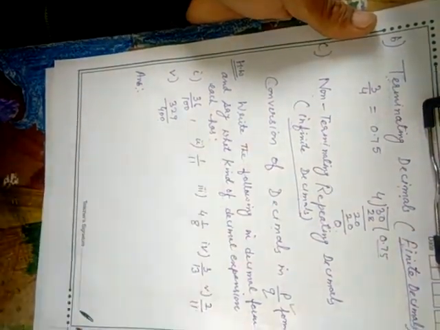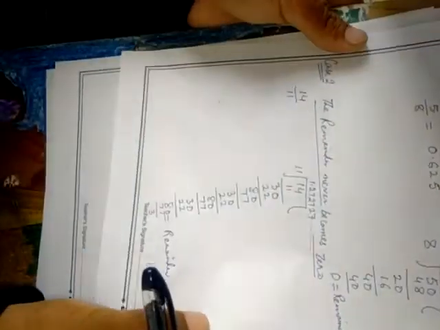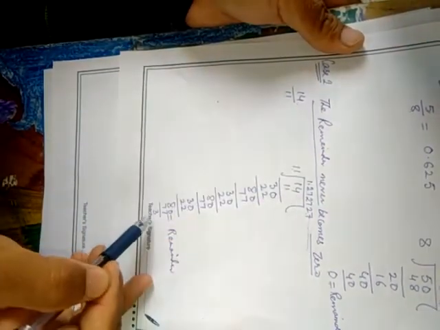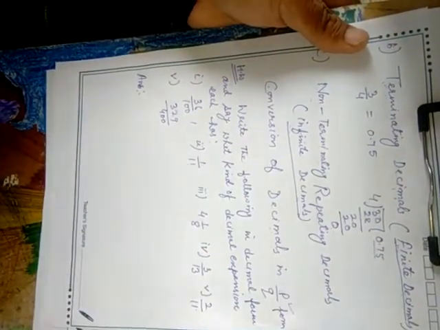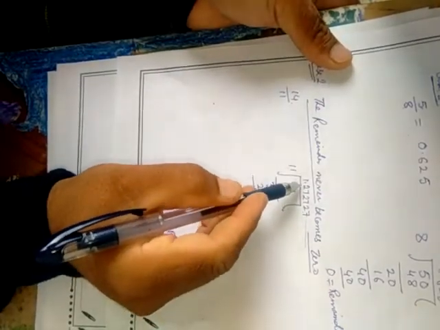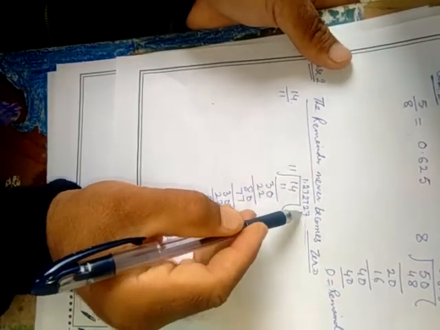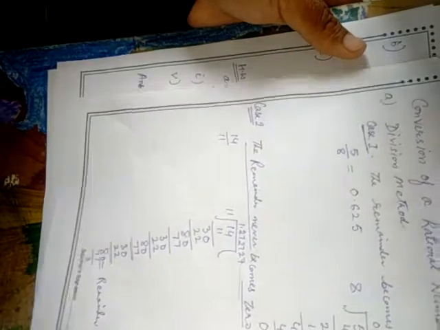And in the second case, when you are not getting the remainder equal to 0, that is known as infinite decimals. Infinite decimals means you are getting your quotient 272727 repeating.